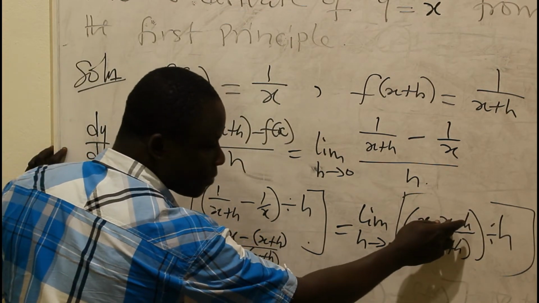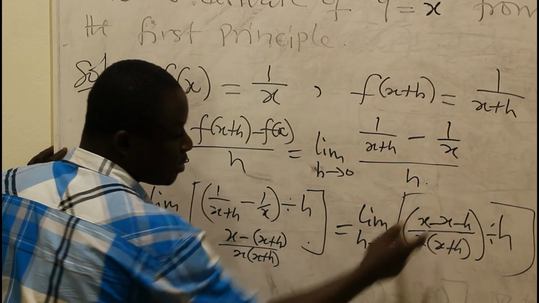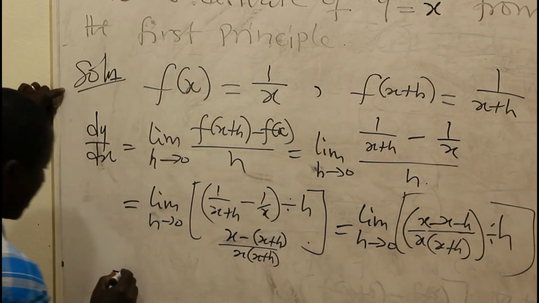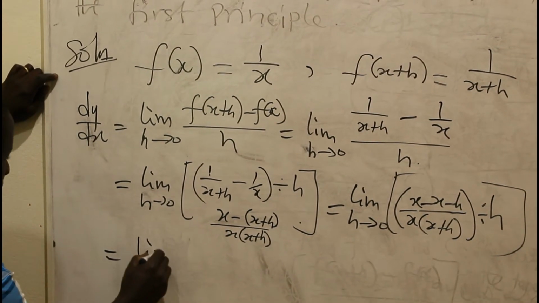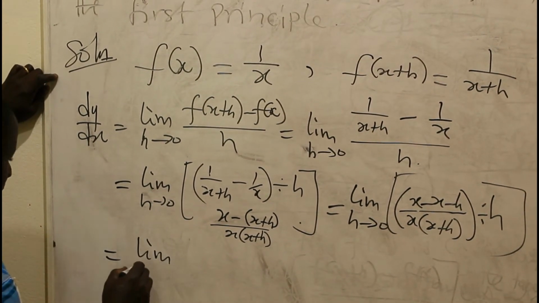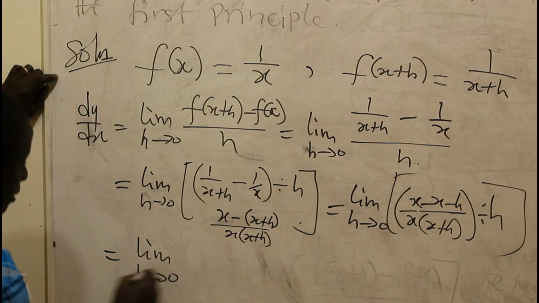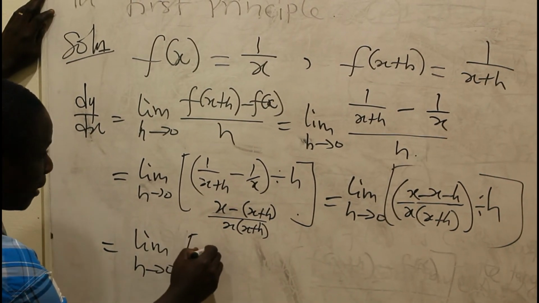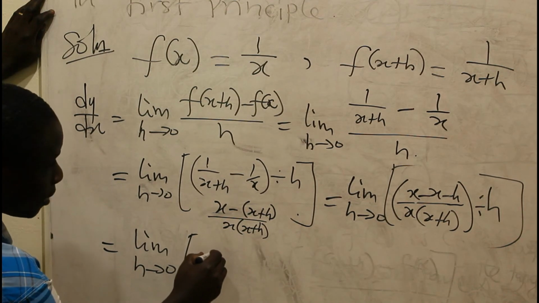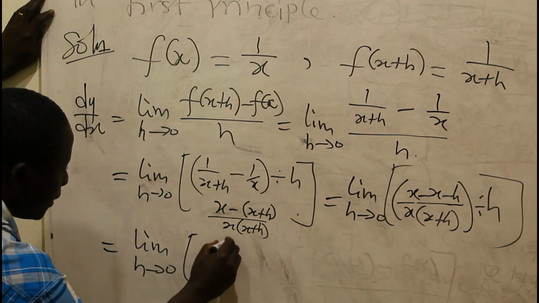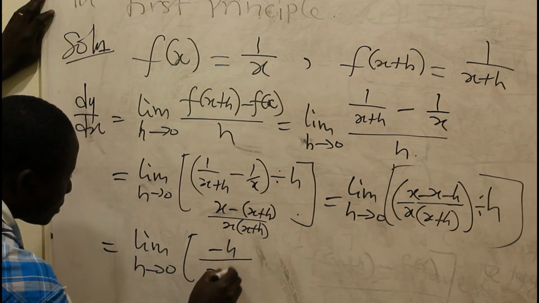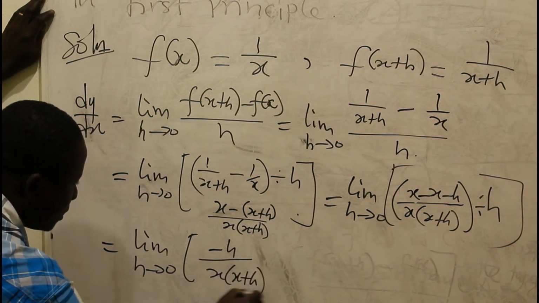So this x will cancel x here, they are negative and positive, giving 0. Then the whole thing will be divided by h. So we write limit as h approaches 0. The numerator is now negative h divided by x into bracket x plus h.